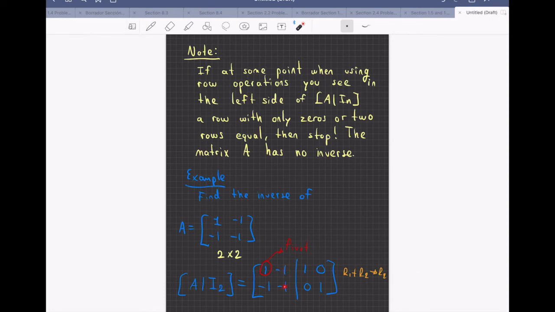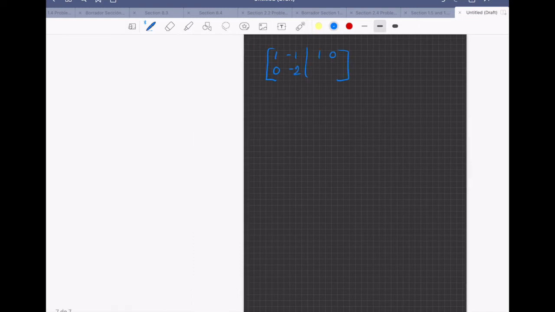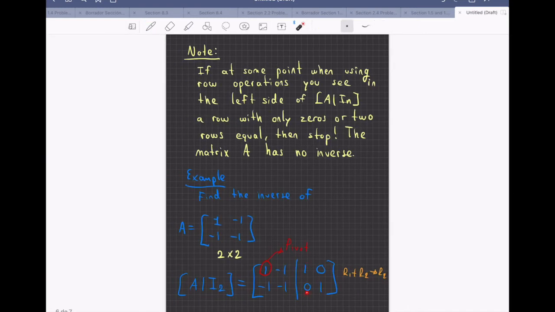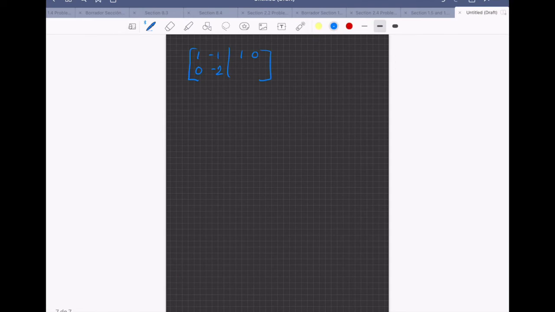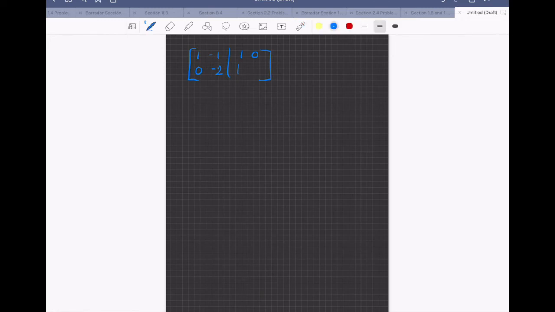Negative 1 plus negative 1, negative 2. 1 plus 0 is 1. And 0 plus 1 is 1. Notice, now we already have 0 here.